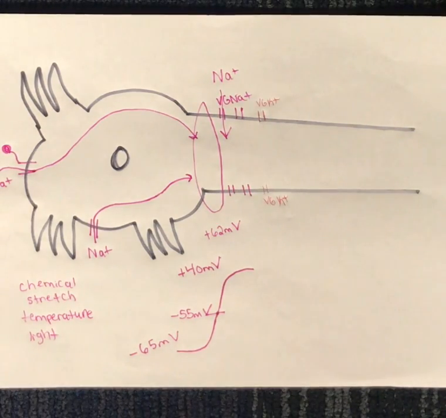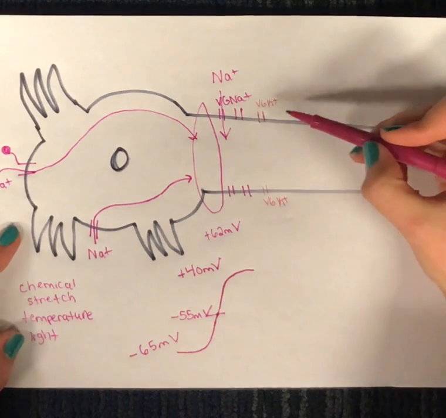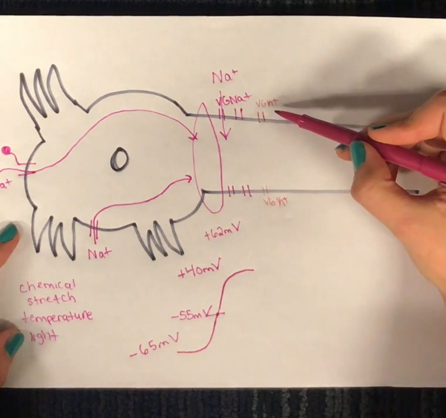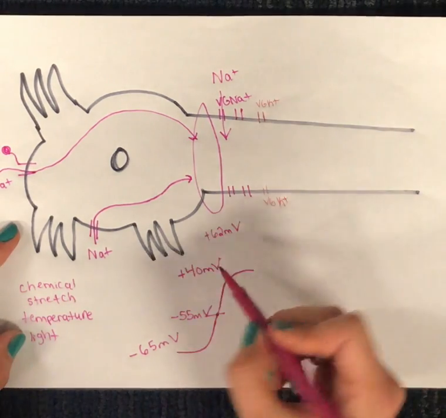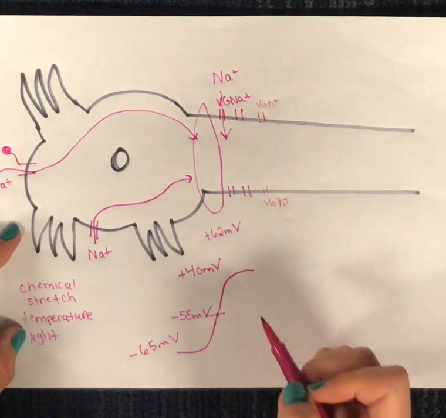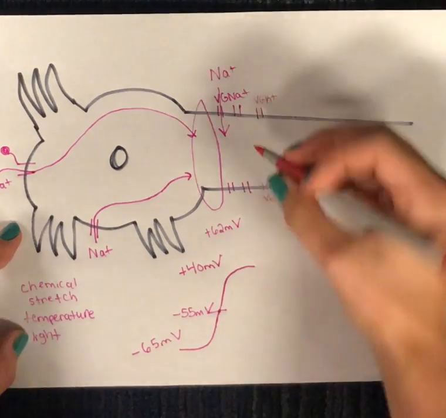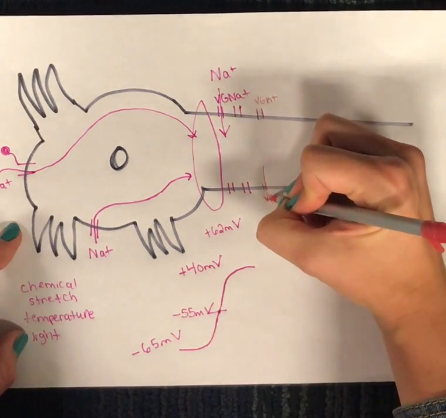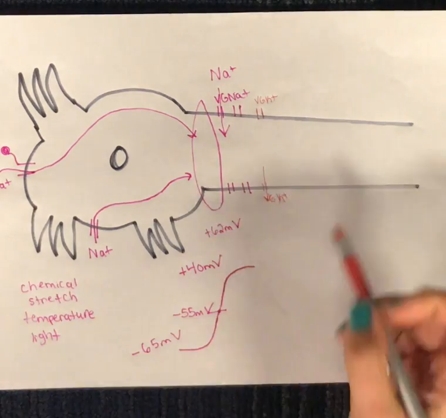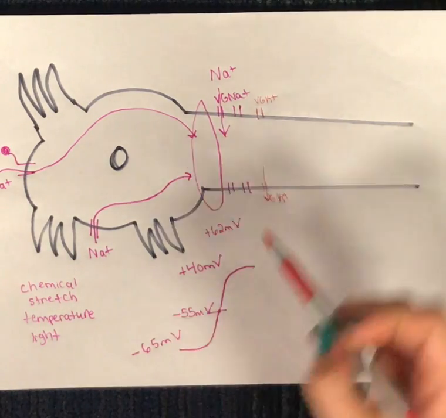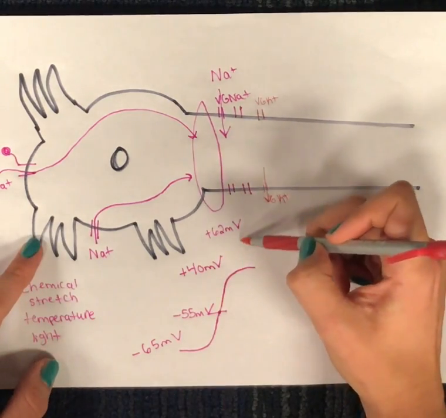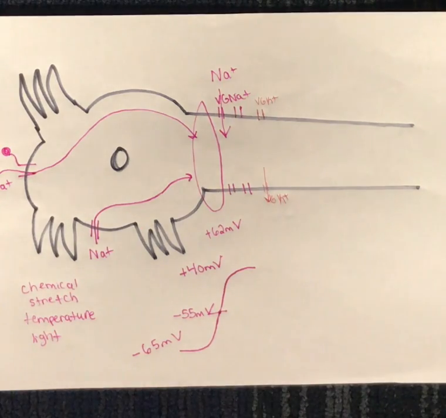This happens for a couple of reasons. First of all, these potassium channels, which we just talked about as opening very slowly, at this stage are just about open. Because of that, potassium will start to leave. Because positive charge is leaving, we cannot really get too much higher in membrane potential.